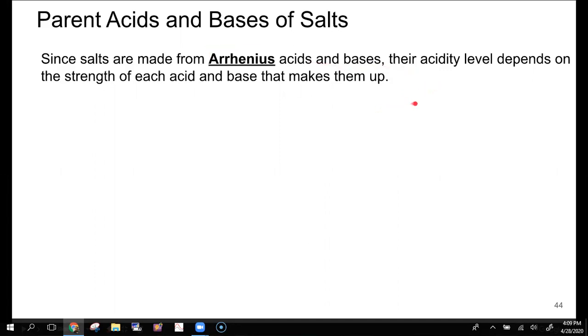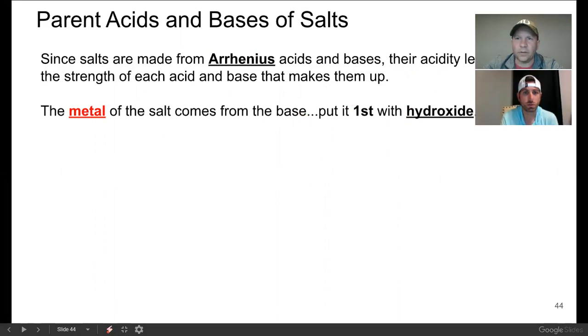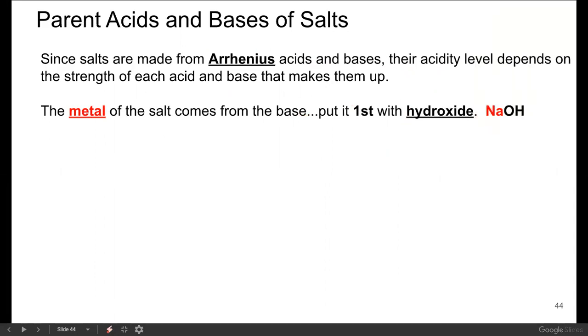So let's talk about how each one comes in. The metal of the salt comes from the base. Put it first with the hydroxide.